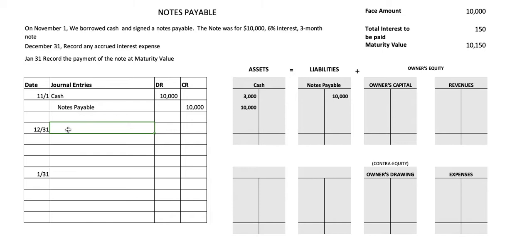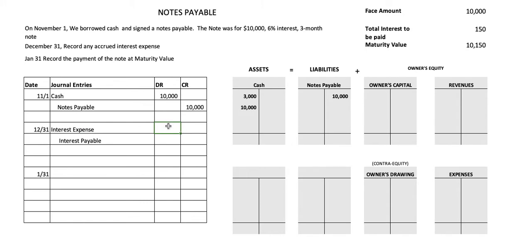So what we'll do is we'll calculate that amount. Now, if you think about it, it's a 3-month note, and we've already owed 2 months worth of interest, okay? So what you'll do is debit interest expense, and we're going to credit a new account called interest payable.